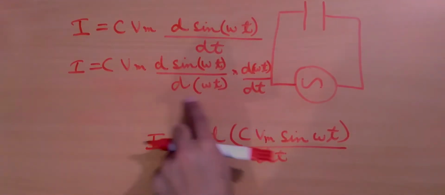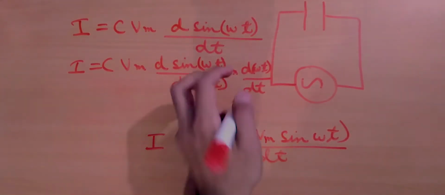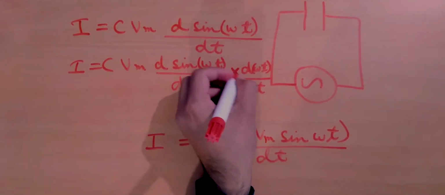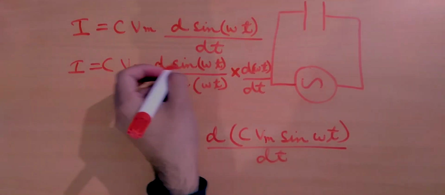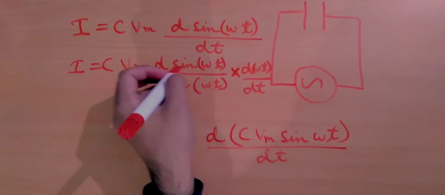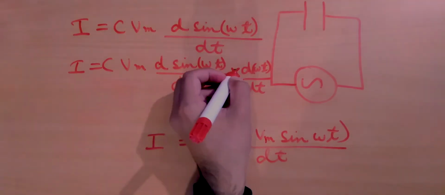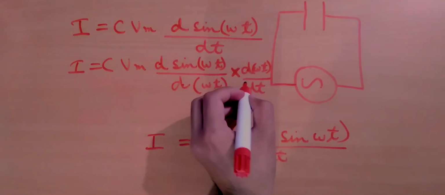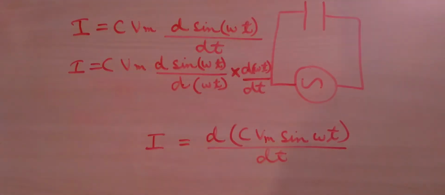I've just multiplied the numerator and the denominator with d omega t, so I've added nothing extra. By doing that, what I get is a small change in sine of something divided by a small change in that particular something, multiplied by d omega t divided by dt.